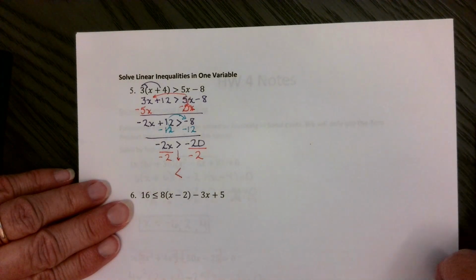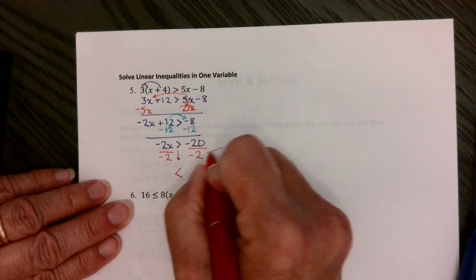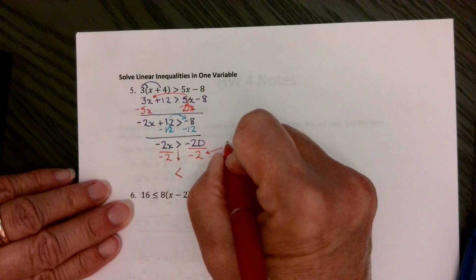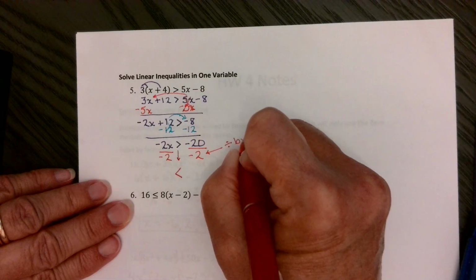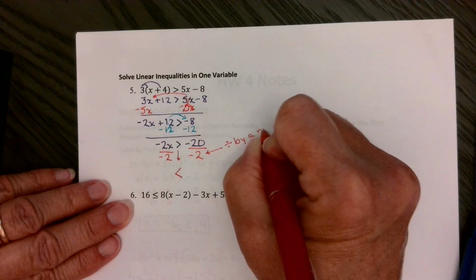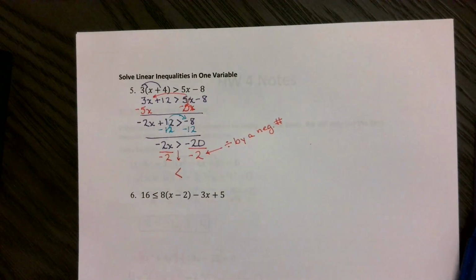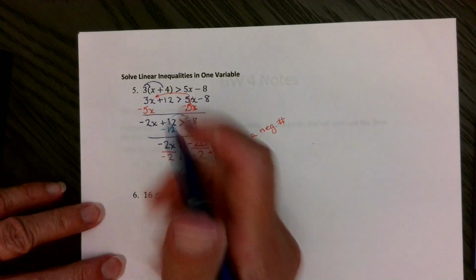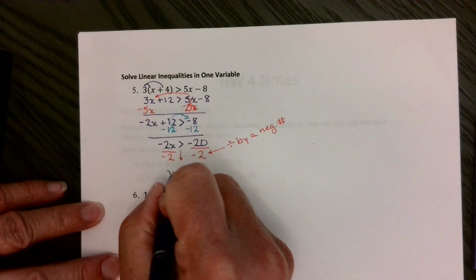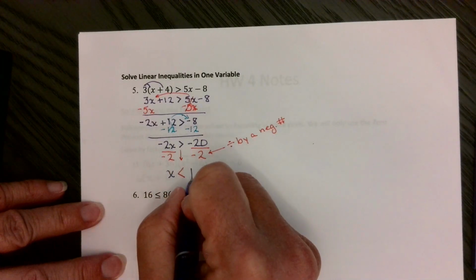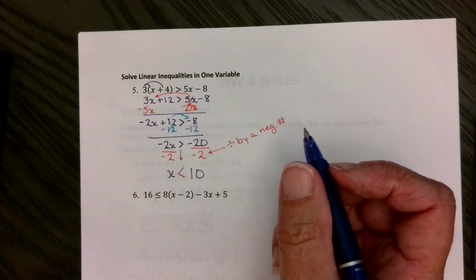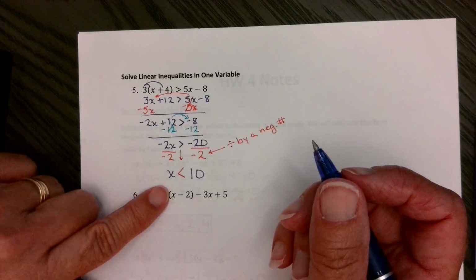And the reason it does that is because we are dividing by a negative number. If it's a positive, you leave it. But we're dividing by a negative number, so our symbol switches. This side gives us x. This gives us a positive 10.